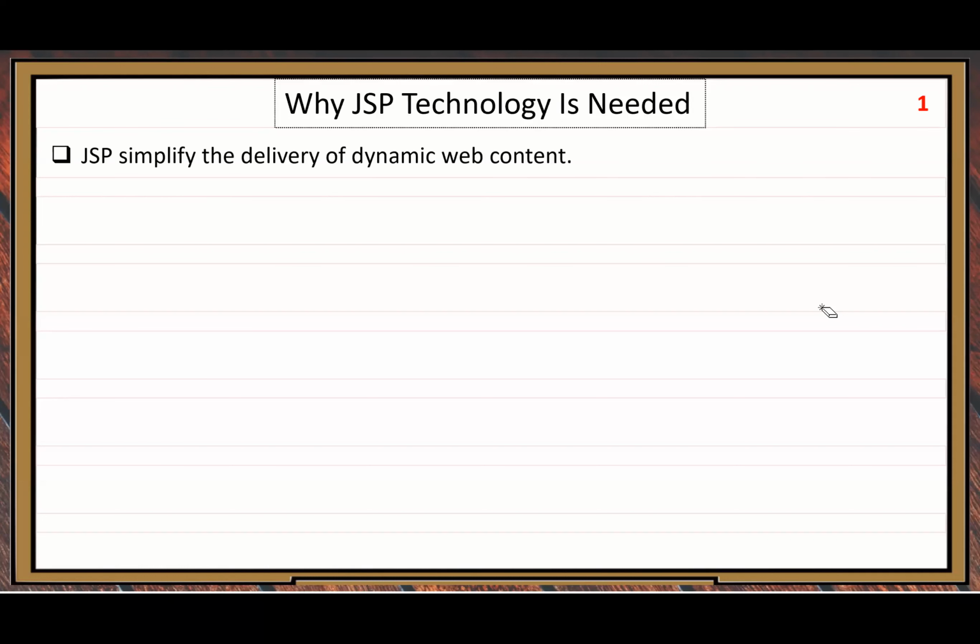First, why is JSP technology needed? Here, I need to go back to history a little bit, to the early time of Java Servlet and JSP technology. How early was it?